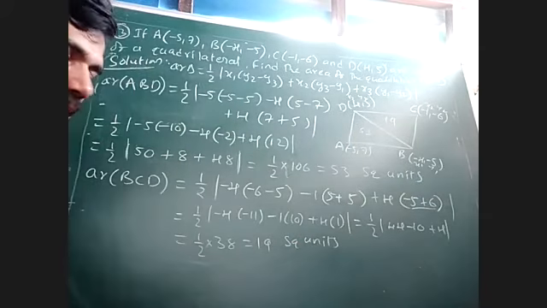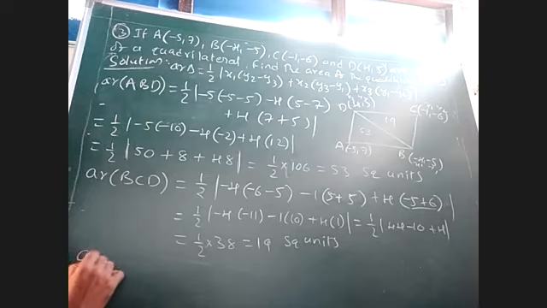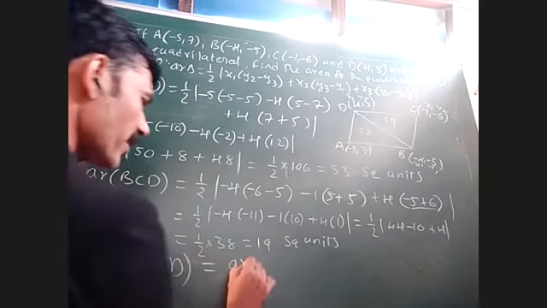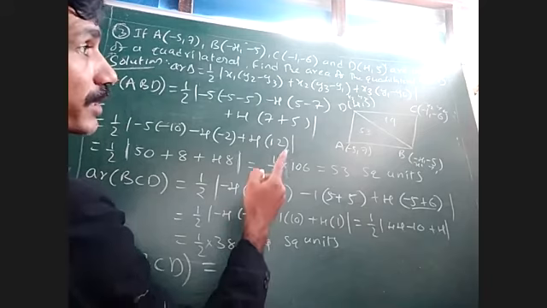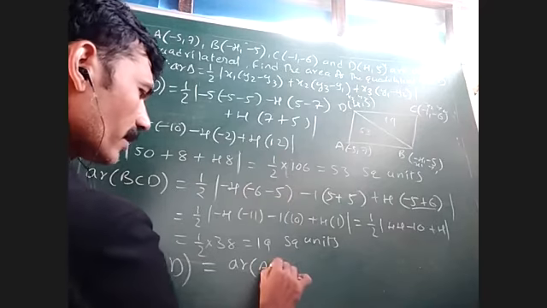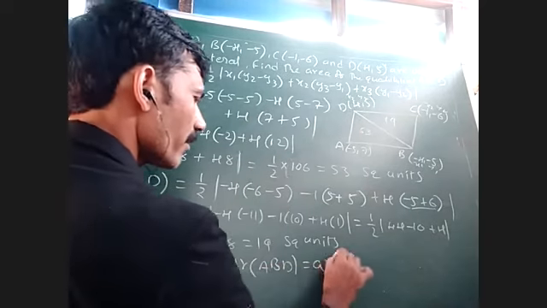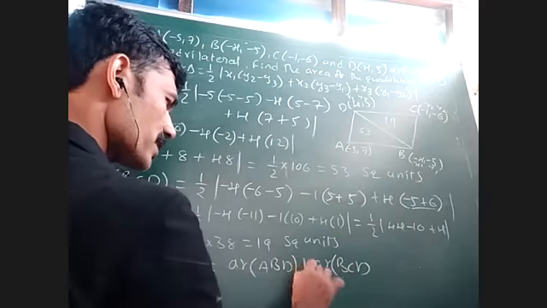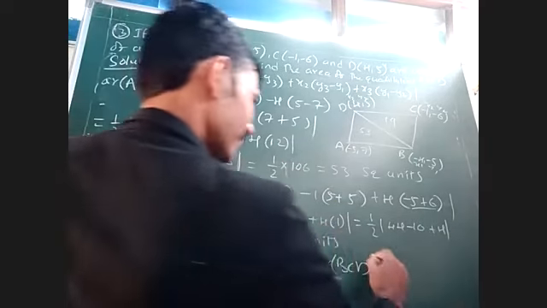We came to the end. The area of quadrilateral ABCD is the area of the first triangle we took, ABD, plus the area of the other triangle, BCD. If you add these two areas, you get the area of the quadrilateral.